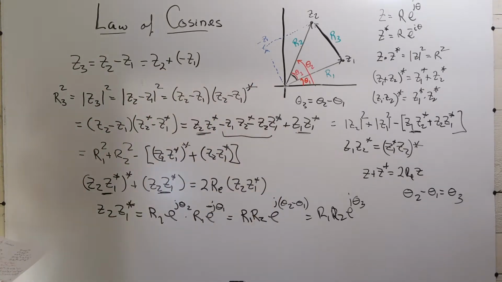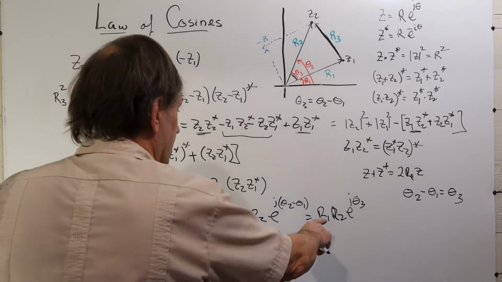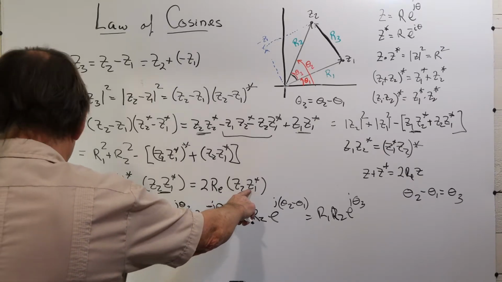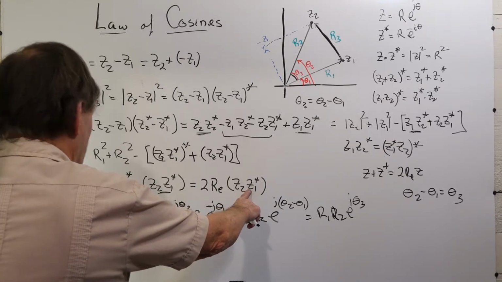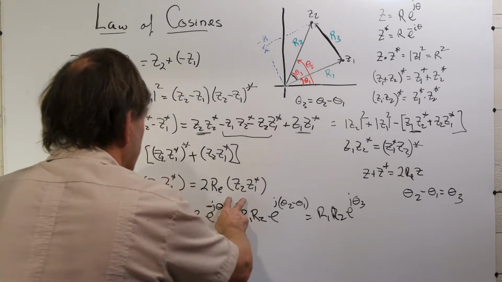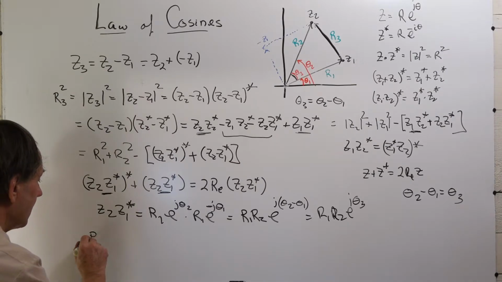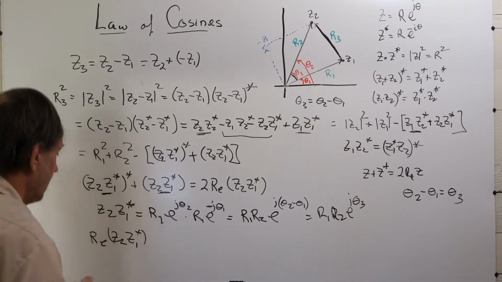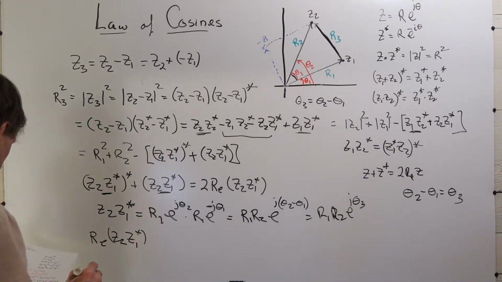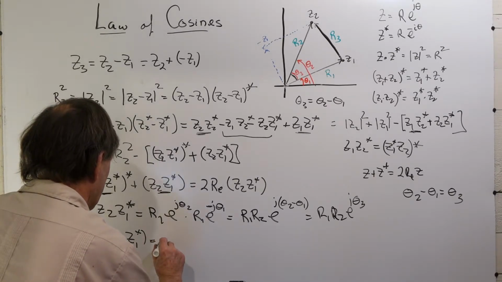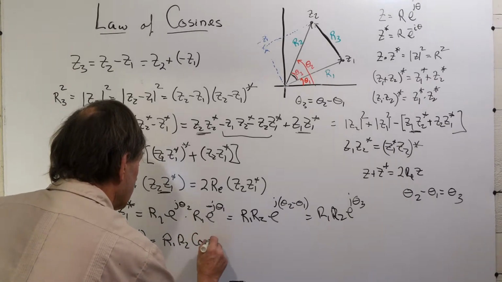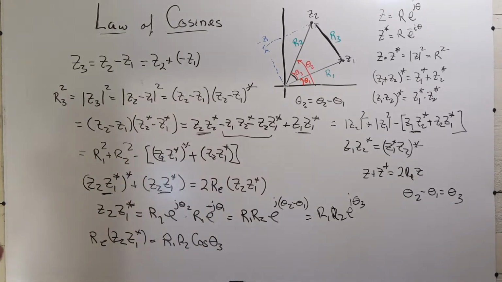Now, the real part, as we see, if we look at the real part of Z2 Z1 conjugate, writing that down, the real part of Z2 Z1 conjugate is R1, R2 times the cosine of theta 3.